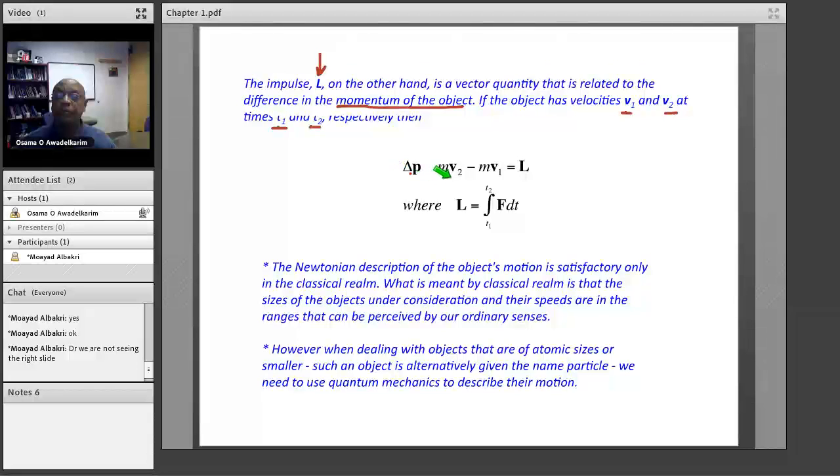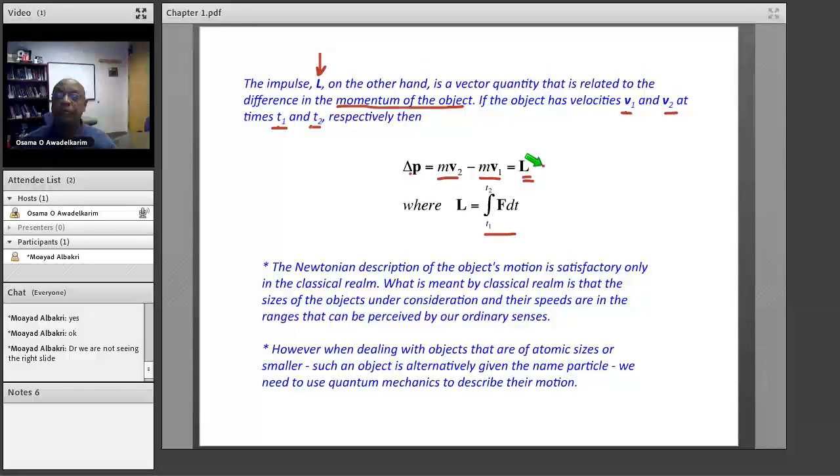So this is the momentum at time t2. This is the momentum at time t1. The difference in the two momenta is equal to a vector L, which is actually the impulse. And how do we define the impulse? The impulse is the integral of the force vector over the time interval t1 to t2.